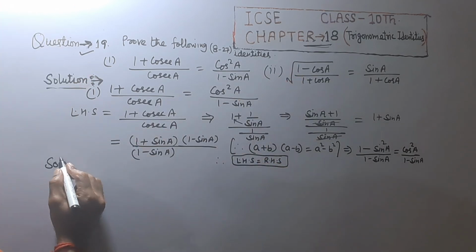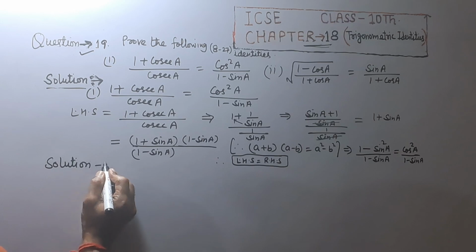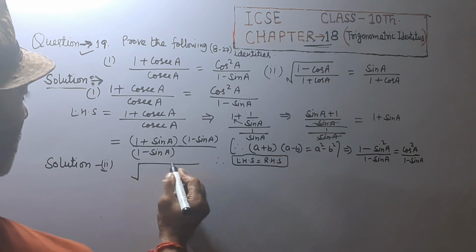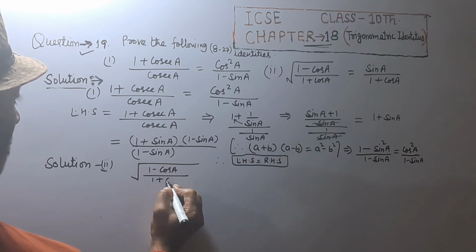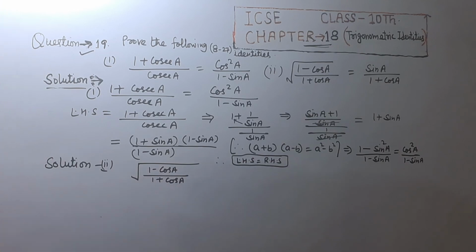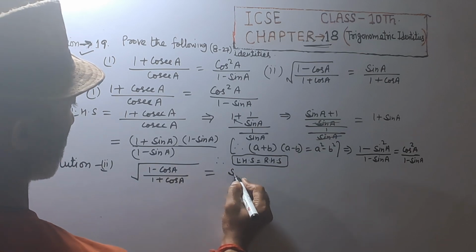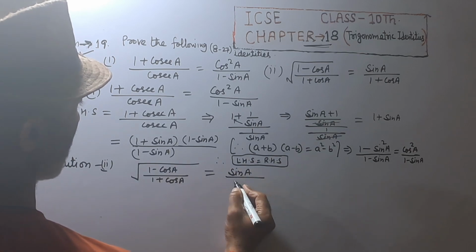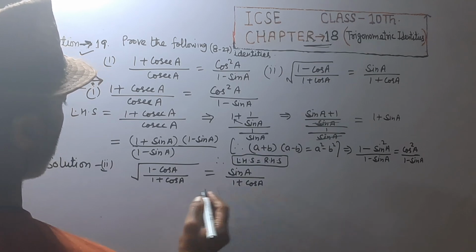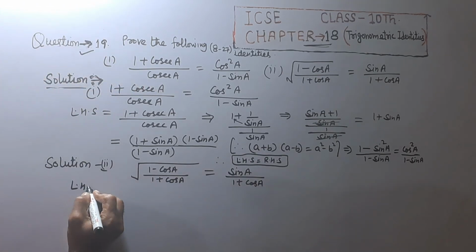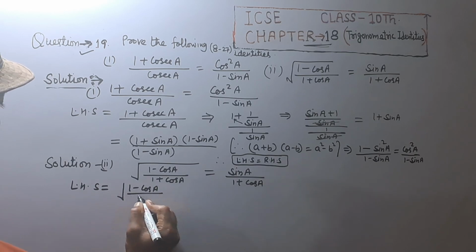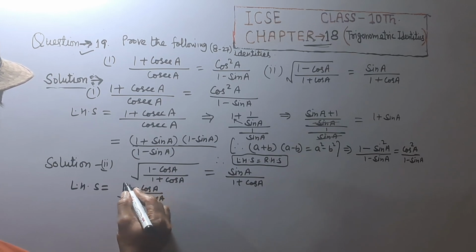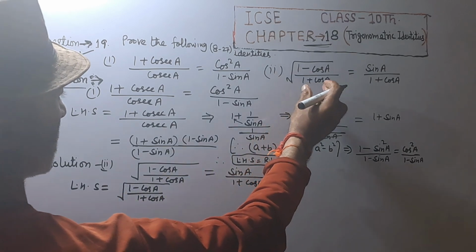Solution of the second part. Under root 1 minus cos A divided by 1 plus cos A is equal to sin A upon 1 plus cos A. Left hand side is equal to 1 minus cos A upon 1 plus cos A with root, and we are rationalizing.